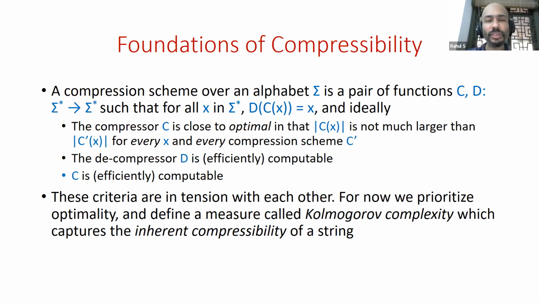But satisfying all three of these conditions turns out to be a really, really hard thing to do. It's not clear whether there are any natural compression schemes that do that. So we're satisfied with two of these, and we'll be prioritizing the optimality constraint as much as possible, because we're very interested in inherent compressibility. How much is a string compressible? And that corresponds to this first item.